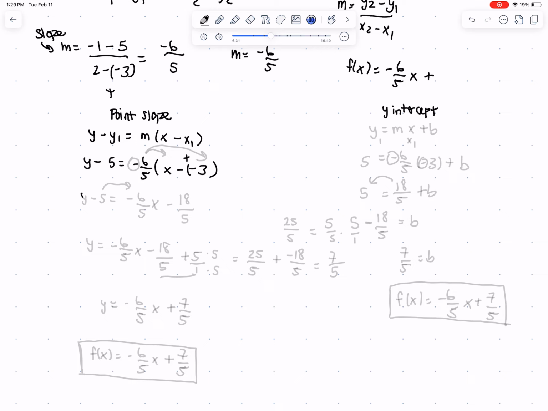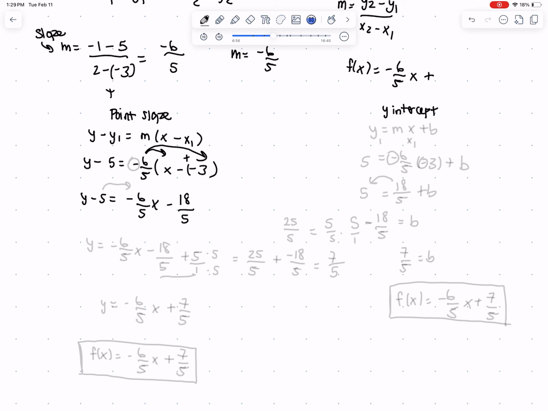Now what I do first is I want to FOIL or move this guy into the parentheses. So that's going to become -6/5x. And then when I multiply the 6/5 times 3, because you know it's positive now, what we're going to get is -18/5.